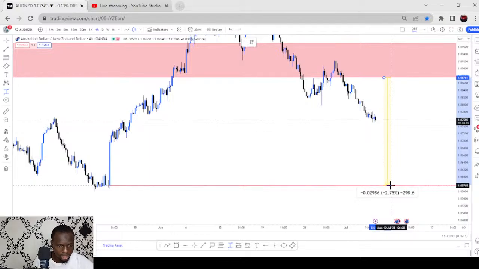It's like 298 pips. But right now, this market has moved. That's my point. This market has moved from this minor level over 100 pips. And you still have about 178 pips. So that's that about AUDNZD. Any question?